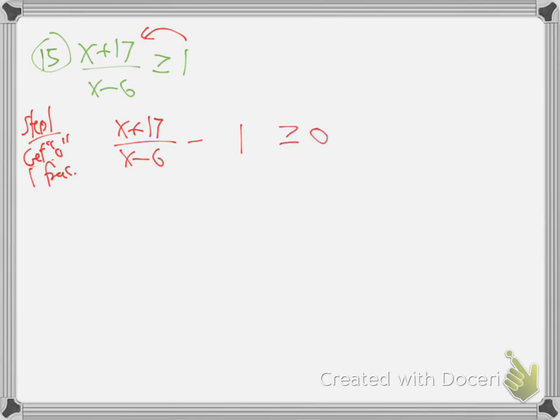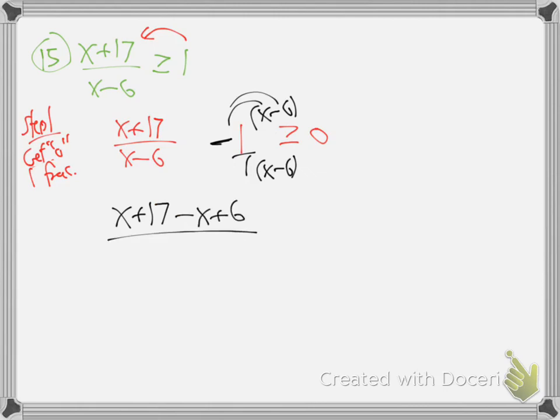You put 1 over 1, then multiply top and bottom by x minus 6, right? That's minus 1 times x and minus 1 times minus 6. Remember that minus sign, watch out for that. x plus 17 minus x plus 6.